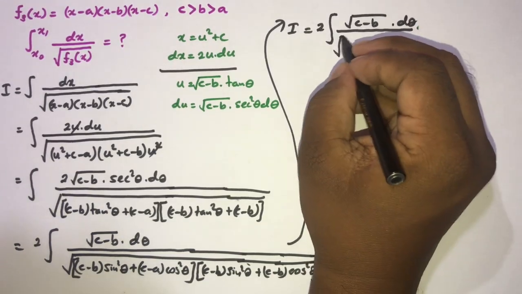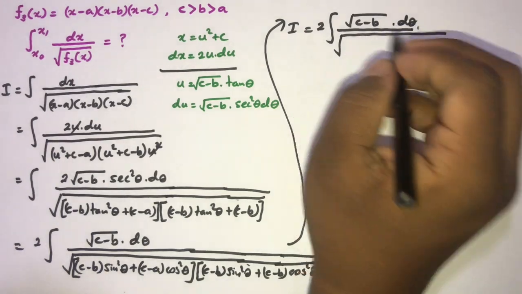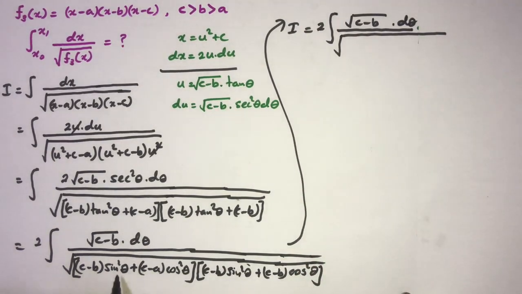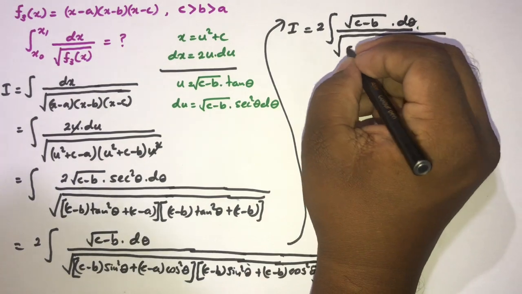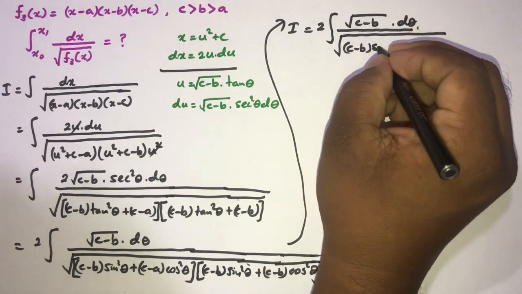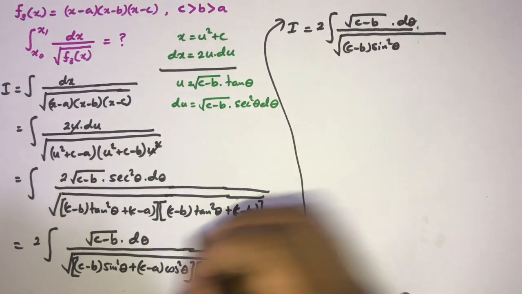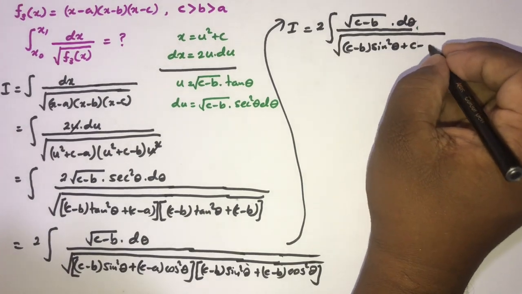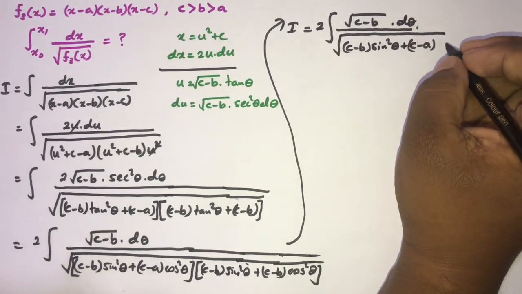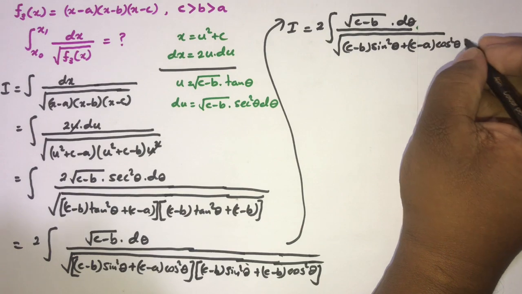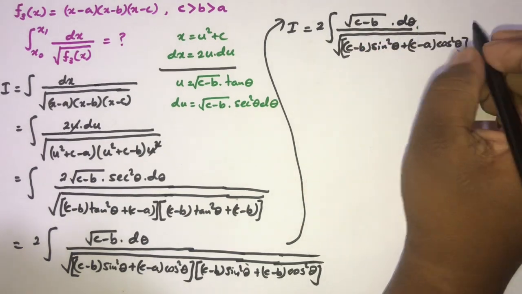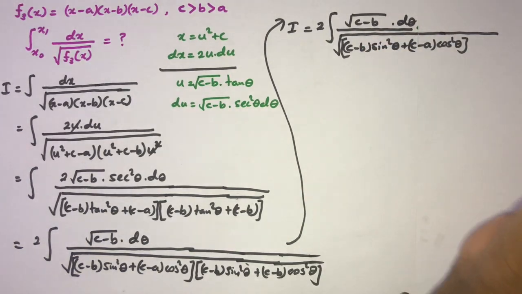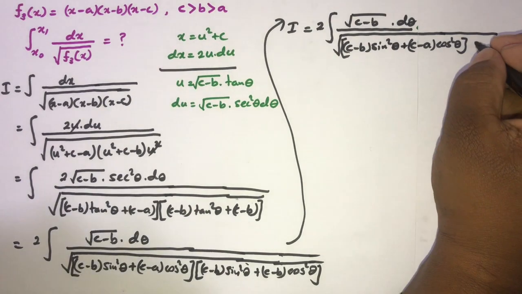Here in the denominator we have c minus b sine square of theta plus c minus a cosine square of theta, times cosine square of theta times, here we have only c minus b.